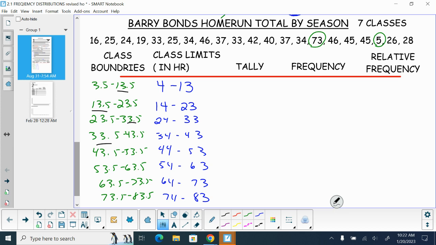Well, I hit a double. Does that count as half of a home run if I hit a double? No. Well, if I hit two doubles, does that mean I get a home run? No. Oh, come on. That's why we go half bigger and smaller than our raw data.